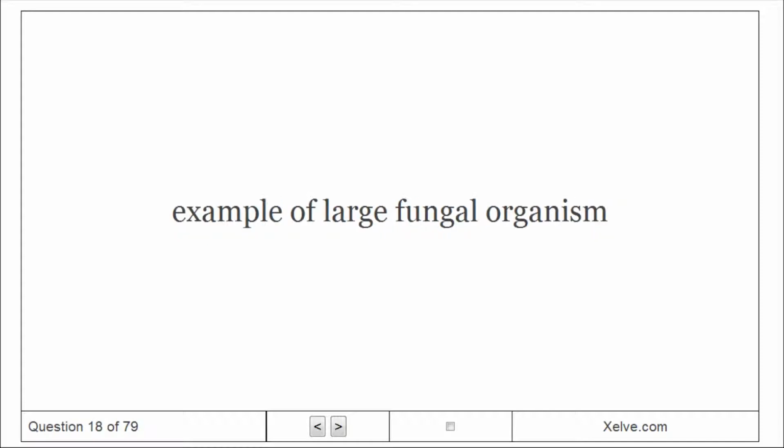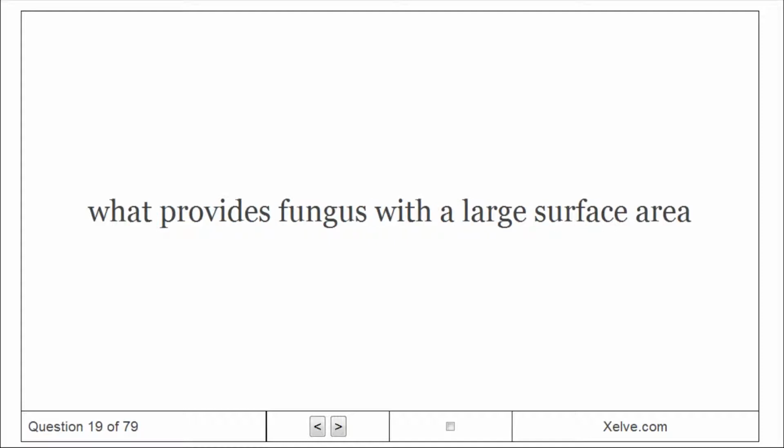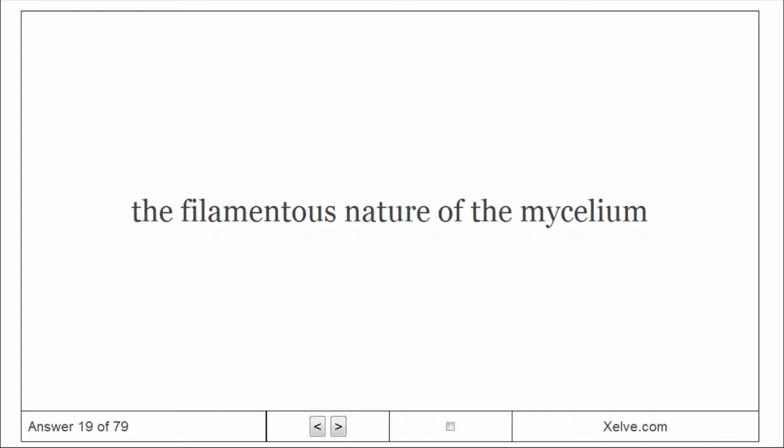Example of large fungal organism: Armillaria in Oregon. What provides fungus with a large surface area? The filamentous nature of the mycelium.